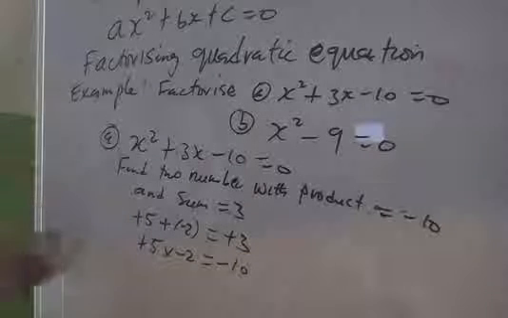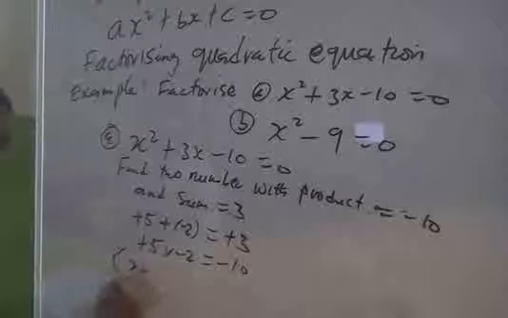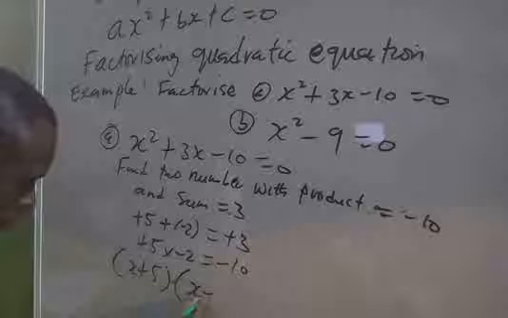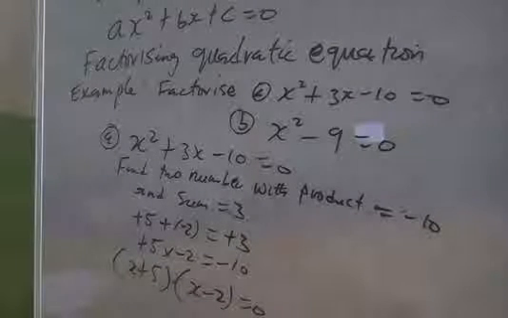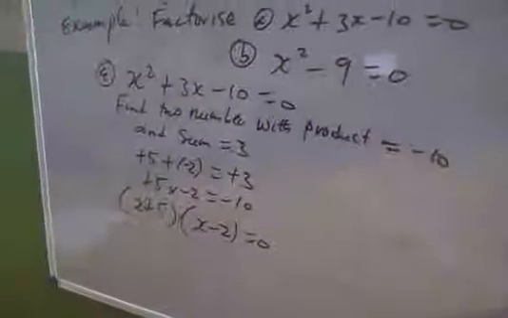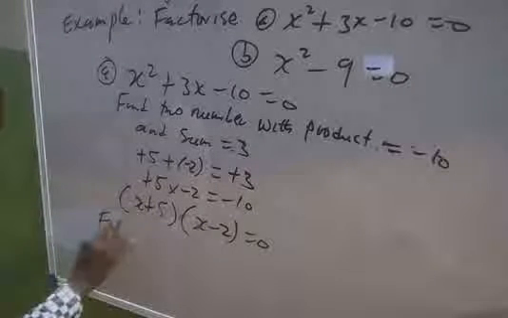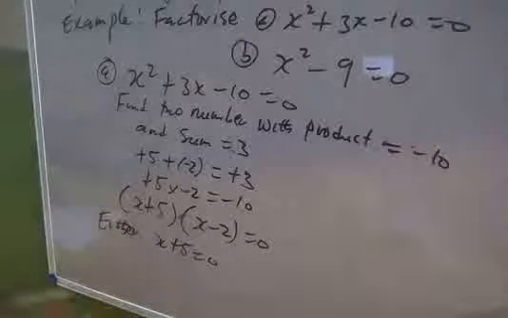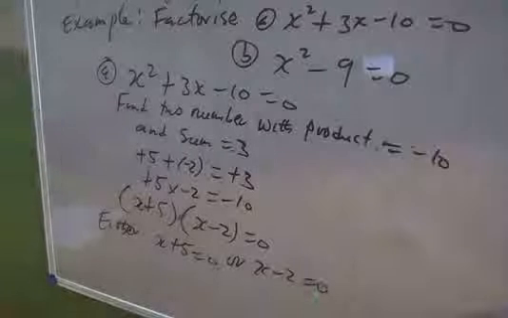So just open a bracket. Open the first bracket, x plus 5, bracket x minus 2 will be equals to 0. And if you look at that, it's either your x plus 5 will be equals to 0 or your x minus 2 will be equals to 0.